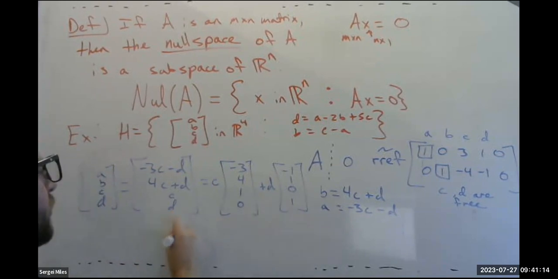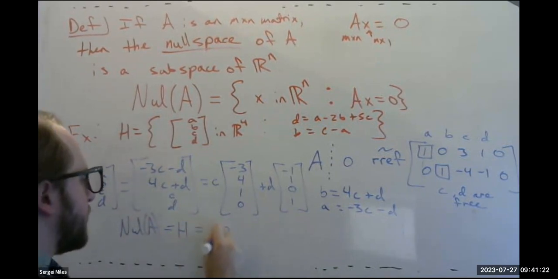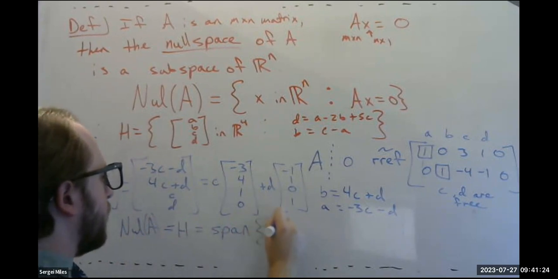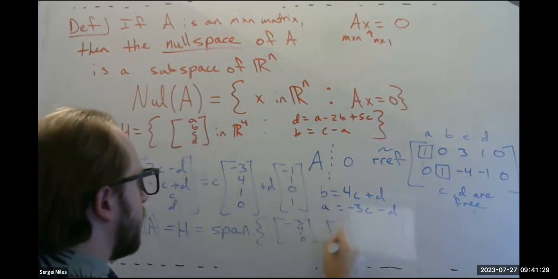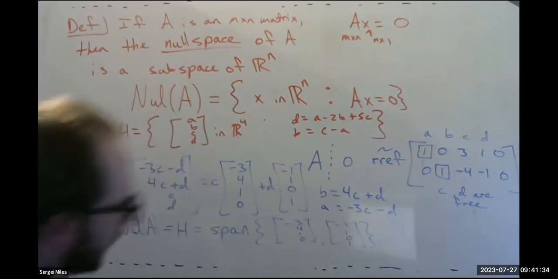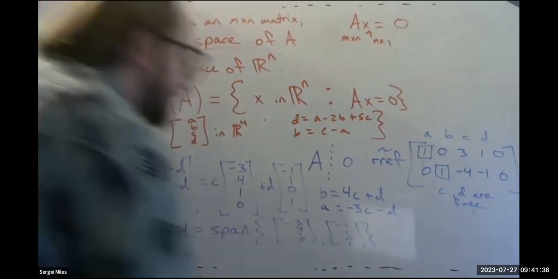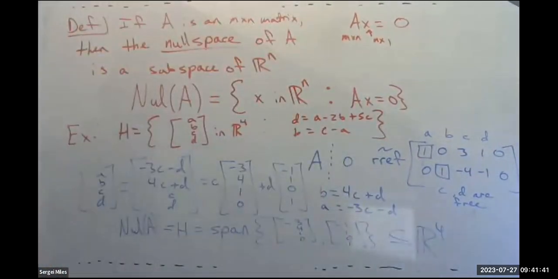So what is H? Well, not only is H the null space of A, like we said earlier, but it's also the span of these two vectors, negative 3, 4, 1, 0, and negative 1, 1, 0, 1. Right? And again, we can note this is a subspace of R4. Why? Because these vectors have 4 entries.